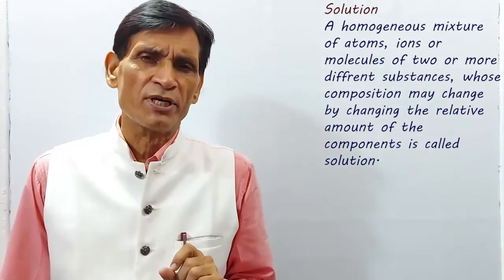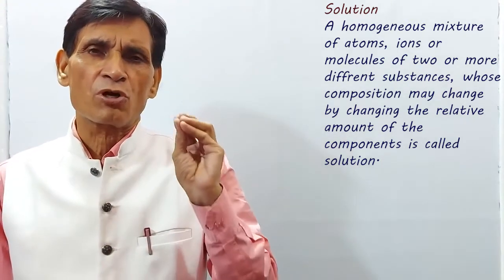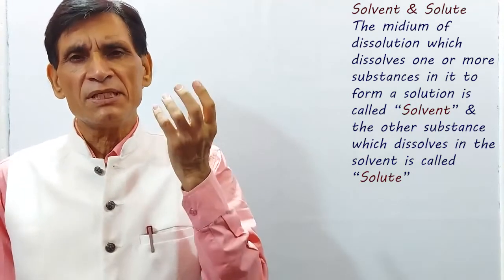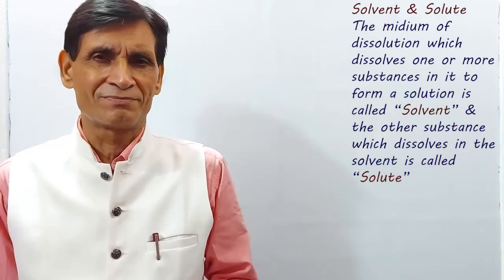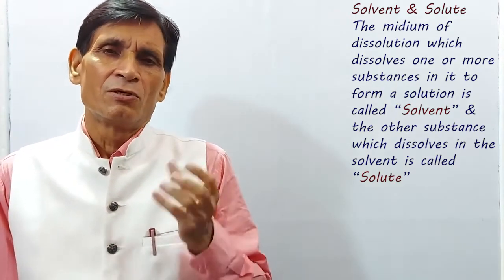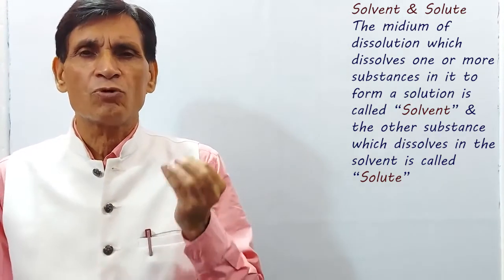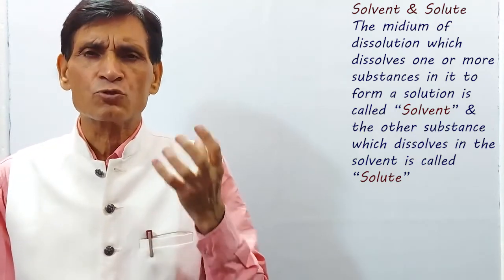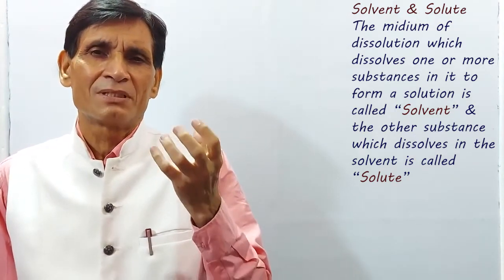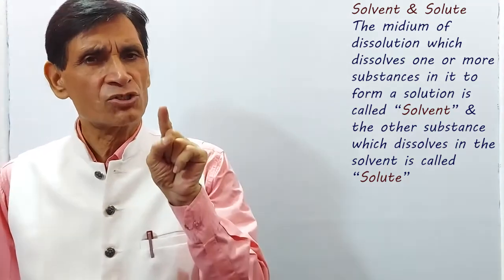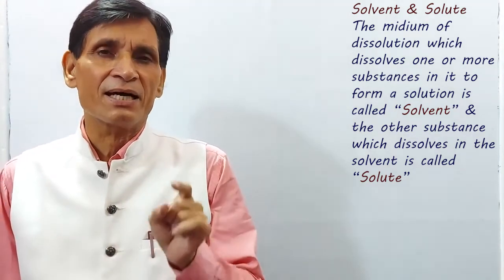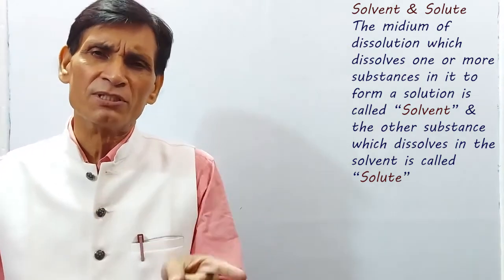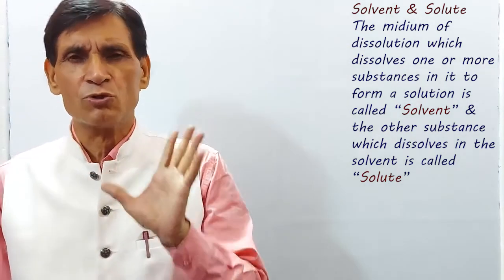Now, another point I am going to tell you: solvent and solute. The medium of dissolution which dissolves one or more substances in it to form a solution is called the solvent, and the other substance which dissolves in the solvent is called the solute.